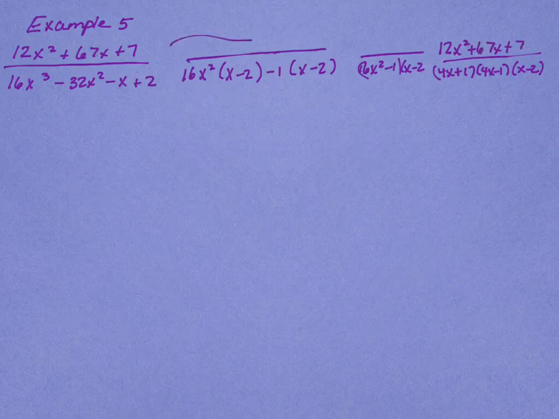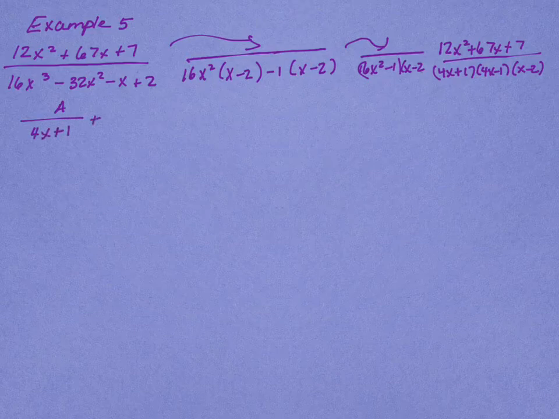And this is the same each time. Okay, so we're left with A over 4x plus 1 plus B over 4x minus 1 plus C over x minus 2.